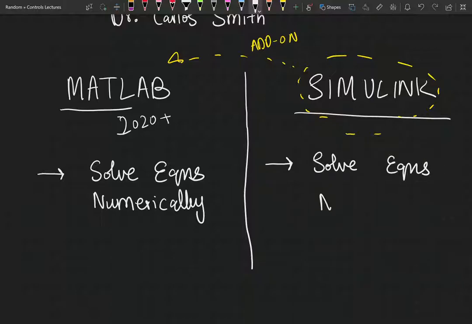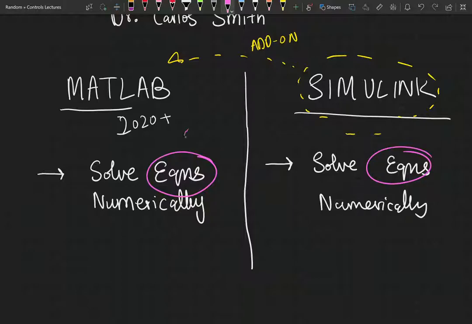And by equations I mean ODEs, partial differential equations, to some extent using a proper algorithm, and even algebraic equations. Both of these softwares can be used to numerically solve ODEs. They have some potential to solve partial differential equations, and they can solve algebraic equations numerically, no problem.